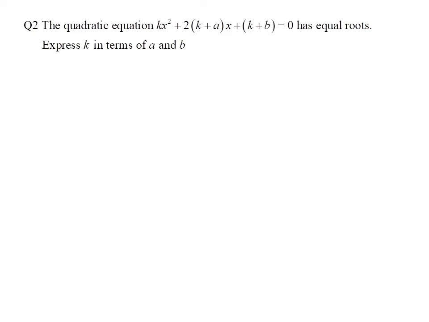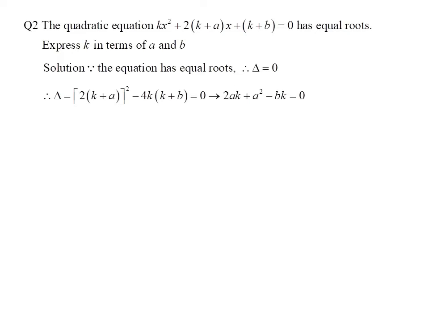Question 2 is a quadratic equation with parameters a, b, and k. The question is to find k in terms of a and b, given the criterion that the equation has repeated roots. Since the equation has repeated roots, its discriminant must be 0 in this case.